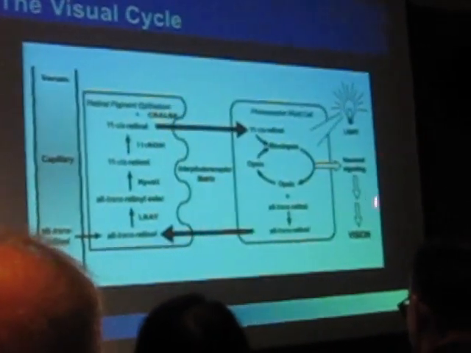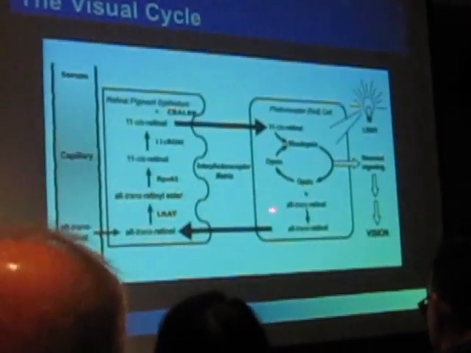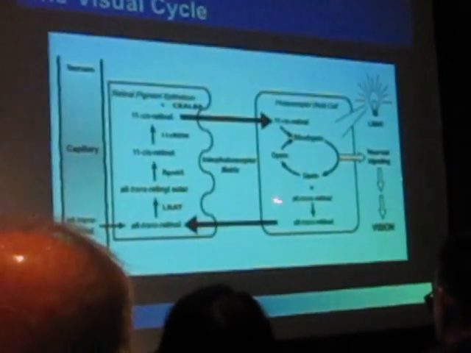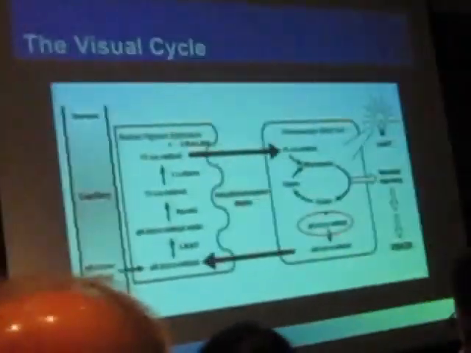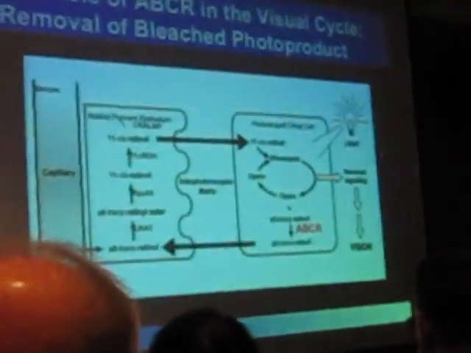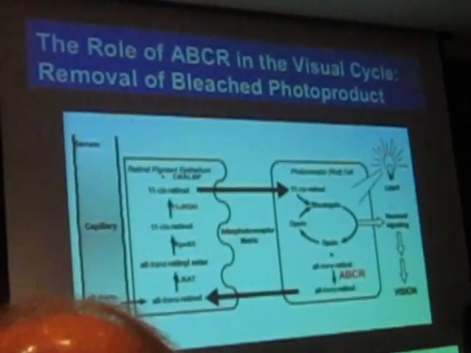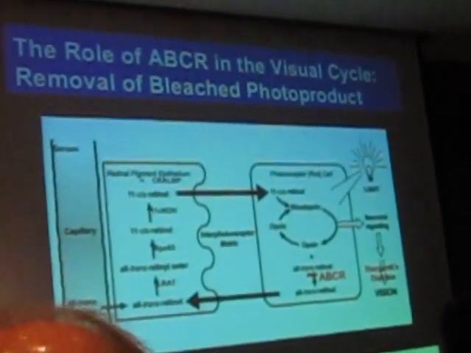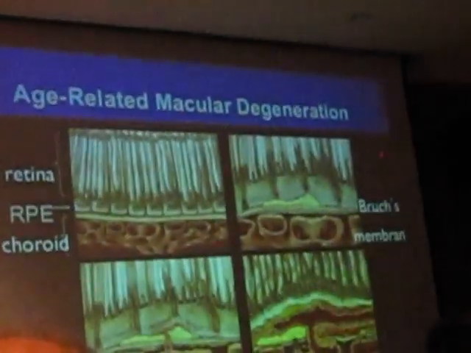It releases, there's a neural image, and all-trans retinal is released, then shed, engulfed in the RPE, fixed up again, and here comes the cis retinal back. It's complex, but if there's a block right here and that builds up, this is the ABCR, you get a disease called Stargardt's, and that interferes with vision.